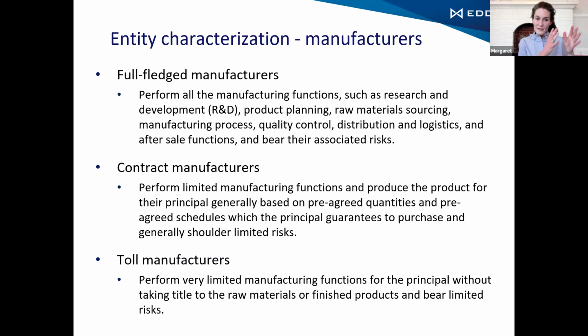And so this goes from fully fledged manufacturers to contract manufacturers to toll manufacturers. The fully fledged manufacturers are the ones that perform more functions, more activities. They bear more risk, and they'll own more IP. And it's the opposite at the other end.